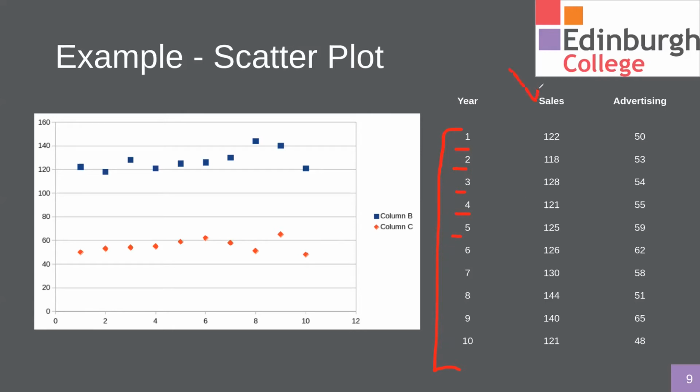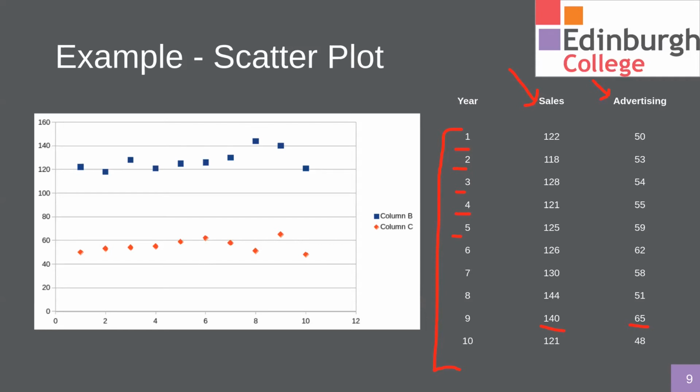Then we have some value in sales, which could be dollars, thousands, pounds, or euro. And then we have some value in advertising, and this could be hundreds, thousands. There could be a correlation between those two.